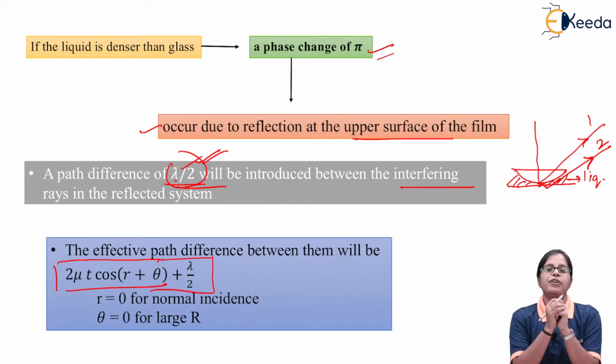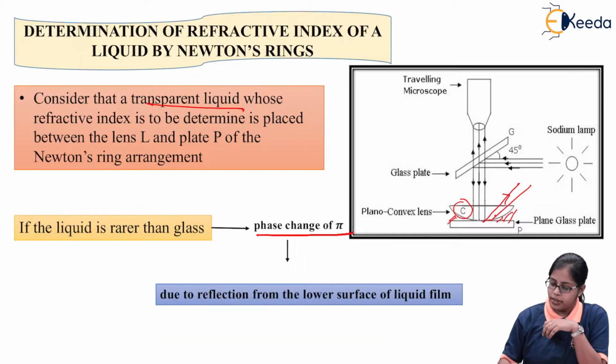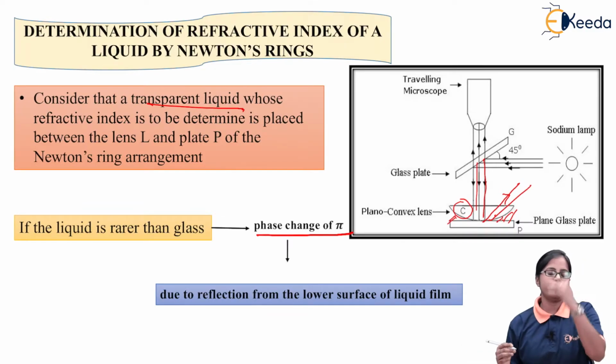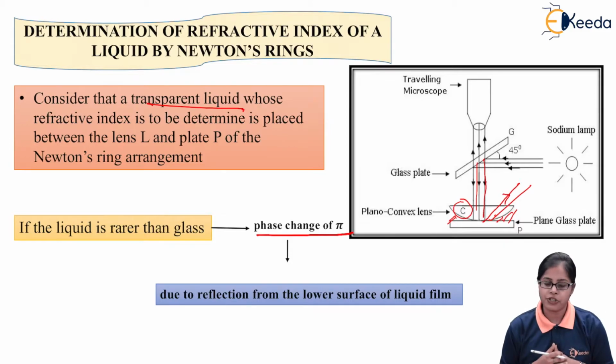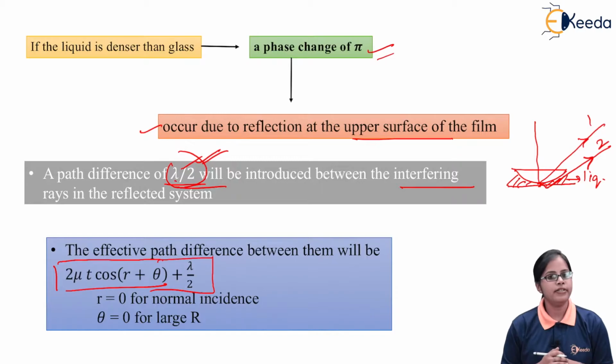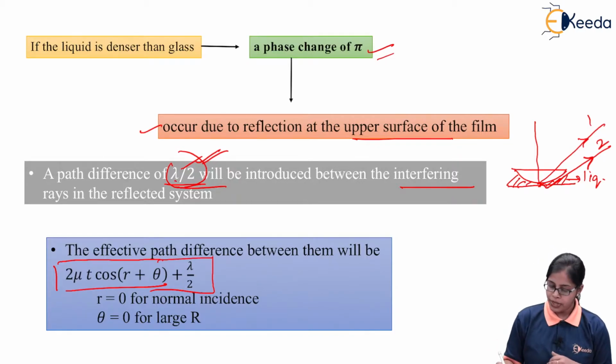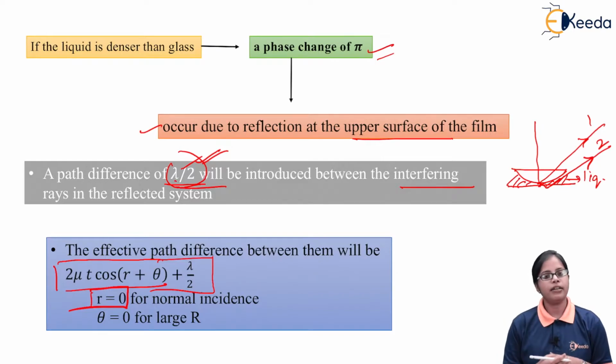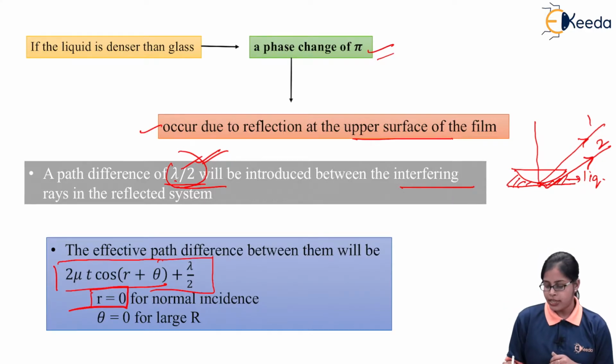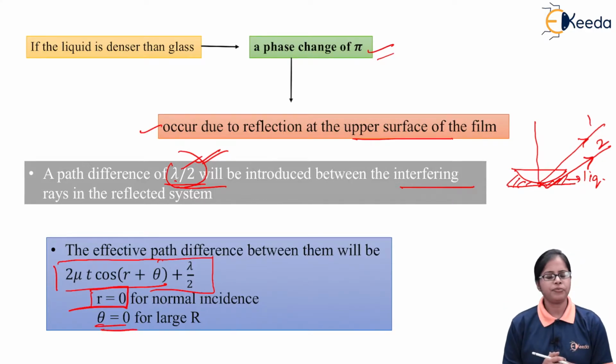Suppose the rays getting reflected from the glass plate G have normal incidence. If they have normal incidence, there will be no refraction, so the angle of refraction r will be 0. And the plano-convex lens being used has a large radius of curvature, which is why theta is taken to be 0.